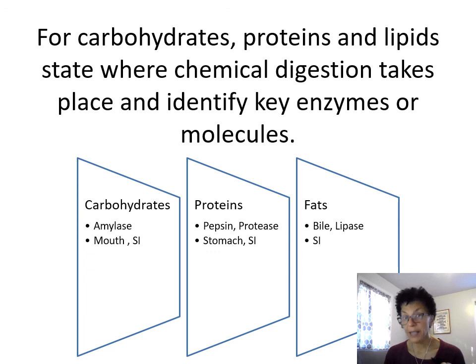So we use bile to make fat droplets smaller so that the enzyme lipase works better. So you want to be able to identify the macronutrient, the main enzyme category or enzymes that go with it, where its chemical digestion starts and where it ends.